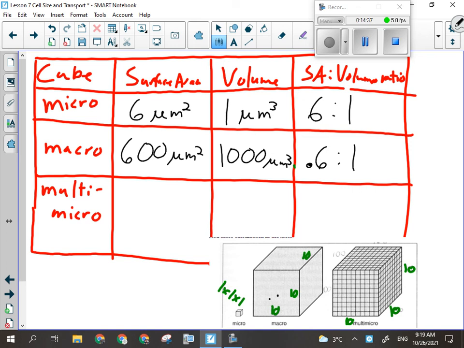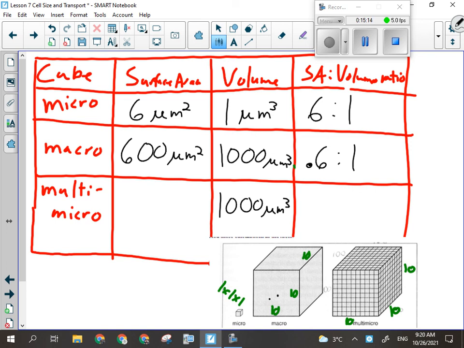Even though we're looking at the same exterior dimensions and thus the same volume, we are not looking at the same surface area. Multi-micro has much more surface area than macro does, because instead of having 6 sides, it has 1,000 cells, each with 6 sides.